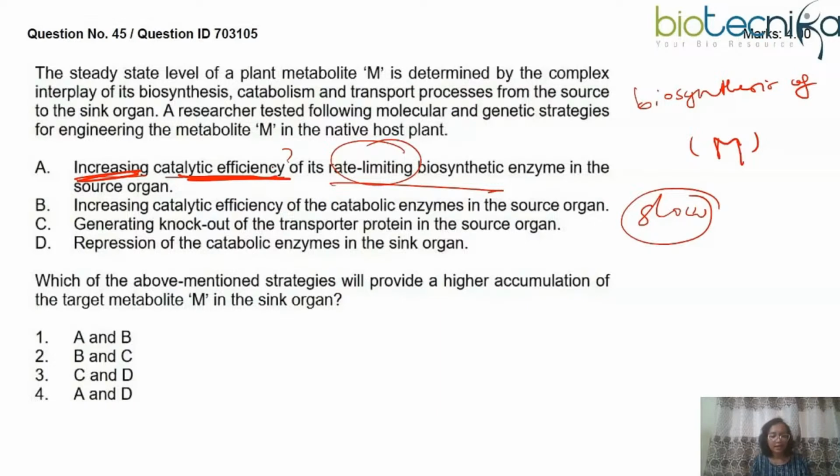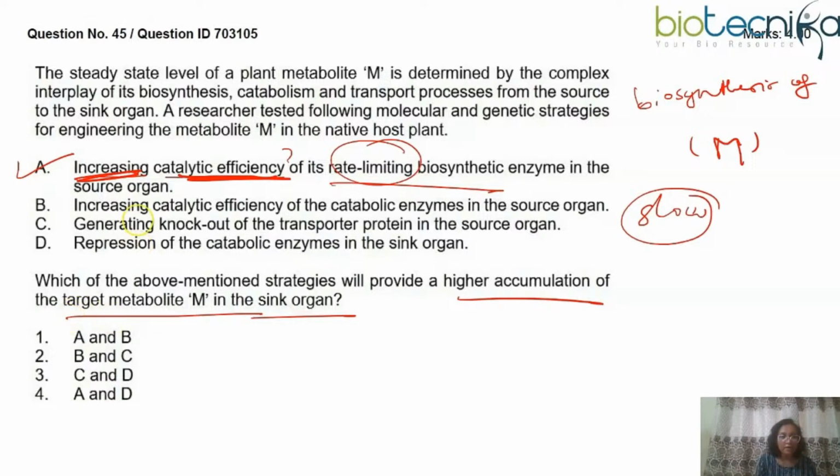Will it increase the rate of biosynthesis of M at the source? Yes, it will. Biosynthesis rate will increase at the source. And at the source, if more and more metabolites are being produced, then they will be easily transported to the sink. And yes, this will lead to higher accumulation of the target metabolite in the sink. Okay, so the first one is contributing to higher accumulation of target metabolite in the sink.